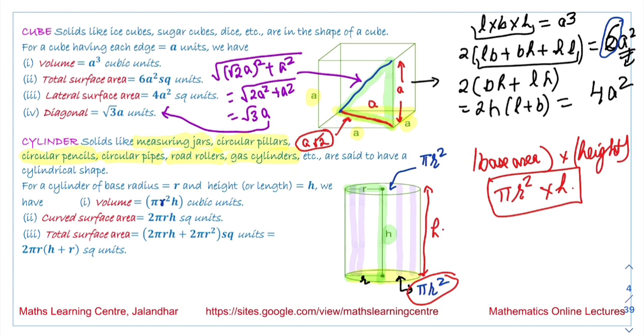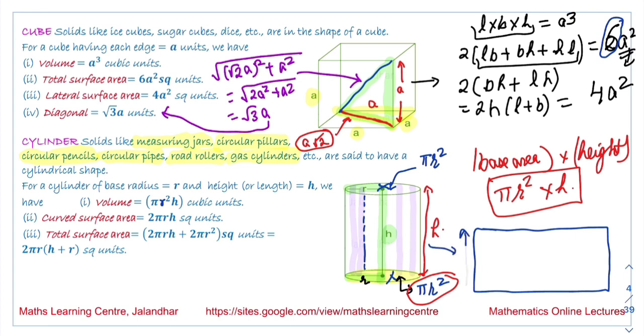Now next we have the curved surface area. Curved surface area is the area of this boundary. We are not considering the area of the top part and the bottom part. We are just considering the boundary of this cylinder. To calculate this area, suppose we cut this cylinder along the height at some point, and open it and make it straight, so it will become a rectangle. The breadth of this rectangle will be the height.